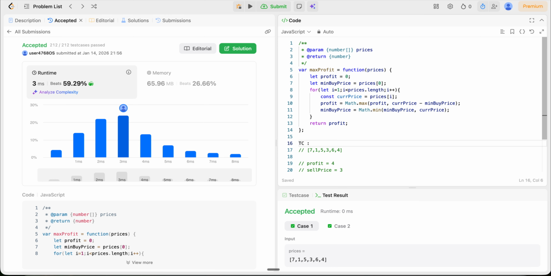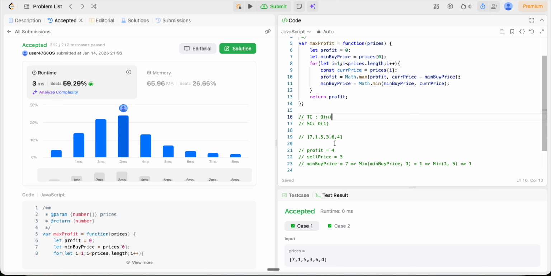Time complexity is big O of n, because we are just iterating over all the elements once, and all of these operations take big O of 1, so we don't have to consider them. Space complexity is big O of 1. So the trick in this solution is that we are anyway traversing, but while traversing we just have to find the minimum value so far.